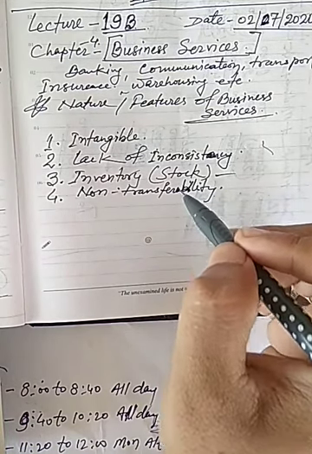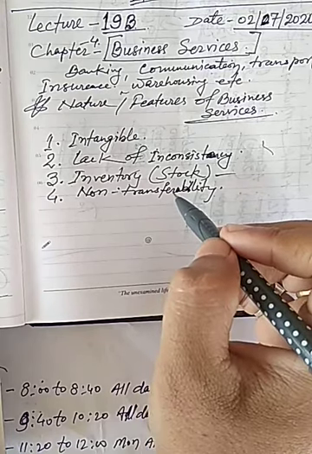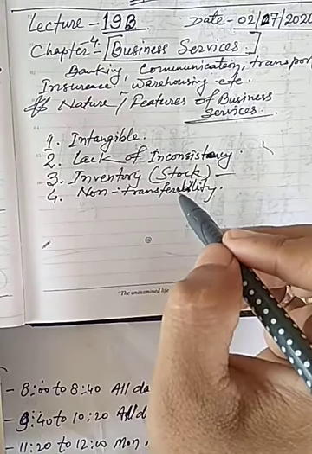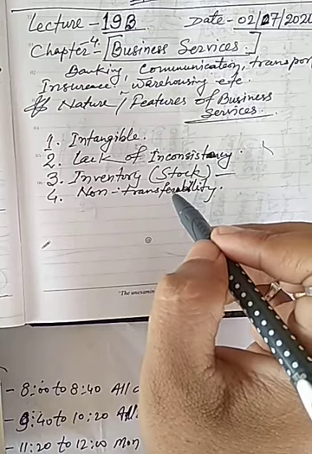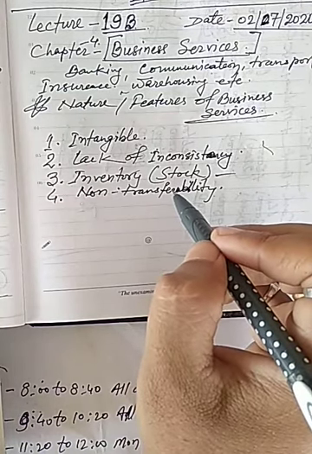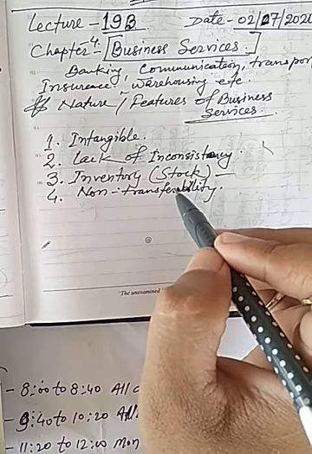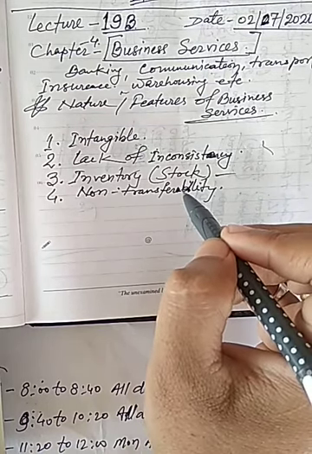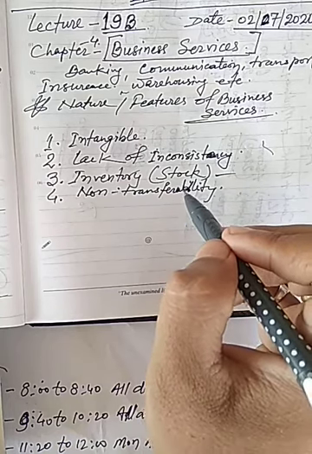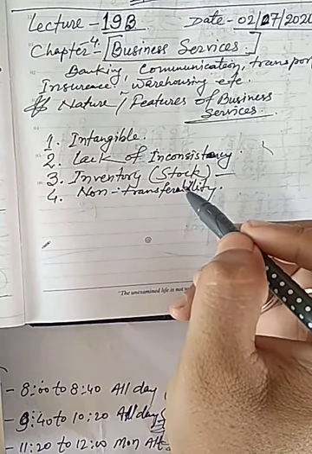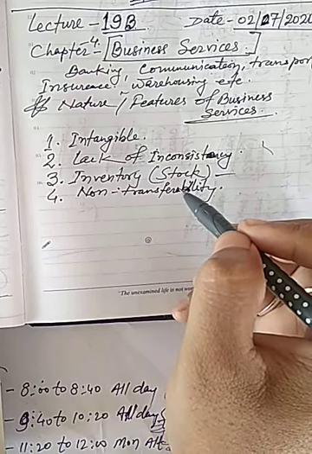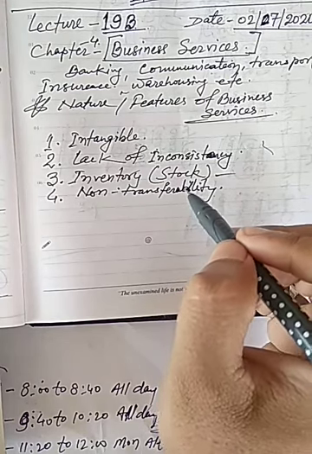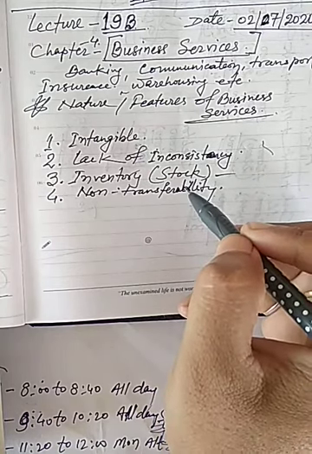These are produced and consumed at the same place only. For example, we cannot separate the medical services provided by a doctor from the doctor. Doctor and his services are inseparable. Similarly, it applies to a lawyer, a chartered accountant, etc.